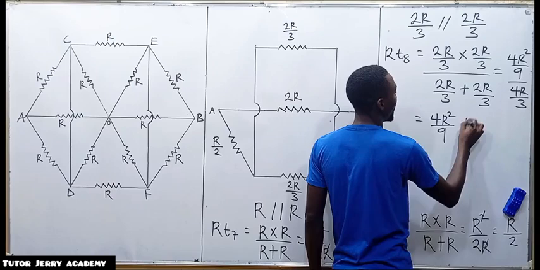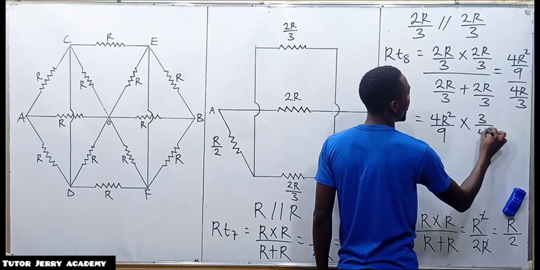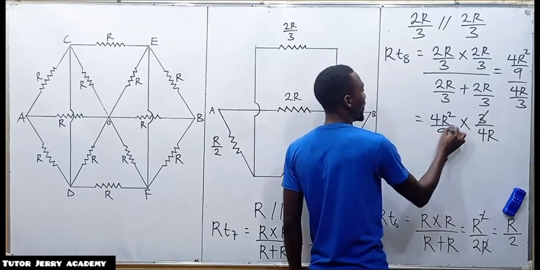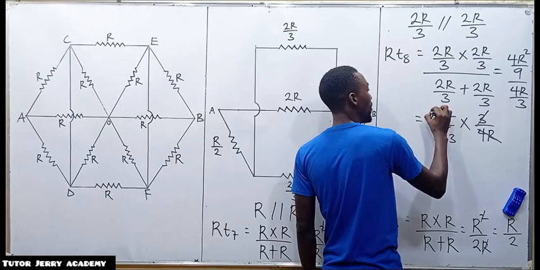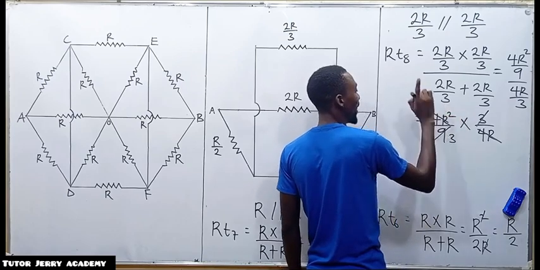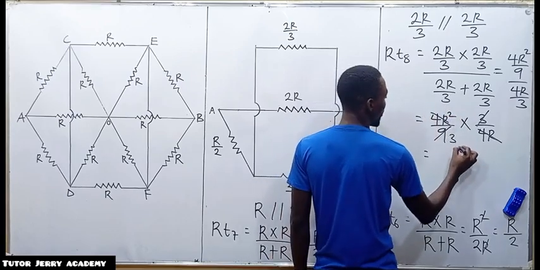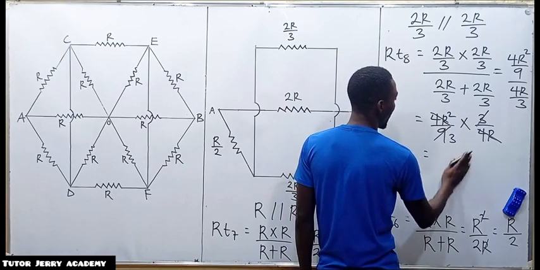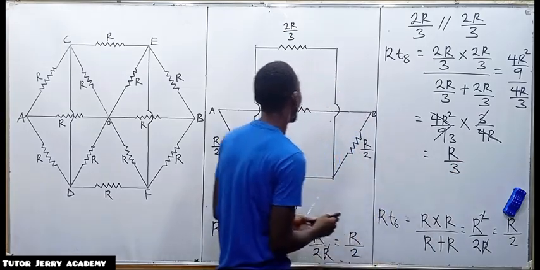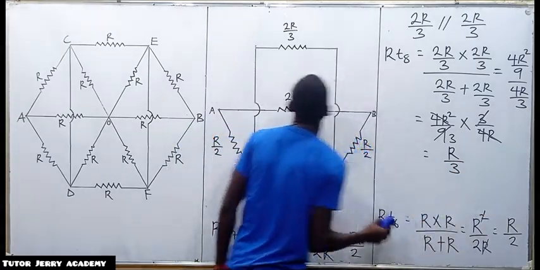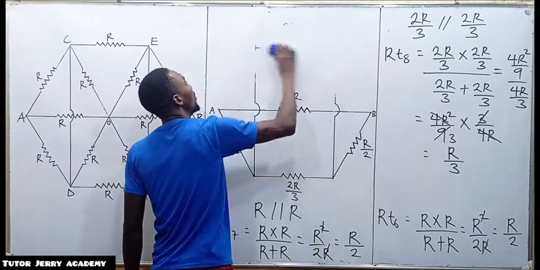So it's going to be multiplied by 3 all over 4r. 3 here 1, 3 here 3. 4r will go here, we are left with just 1r. So our answer here is going to be r all over 3. All right. So therefore we can remove this side now.